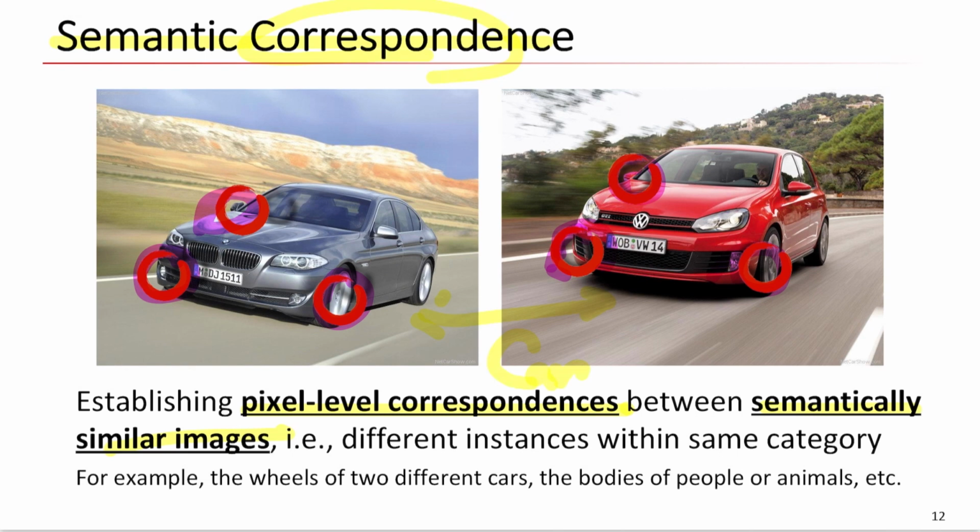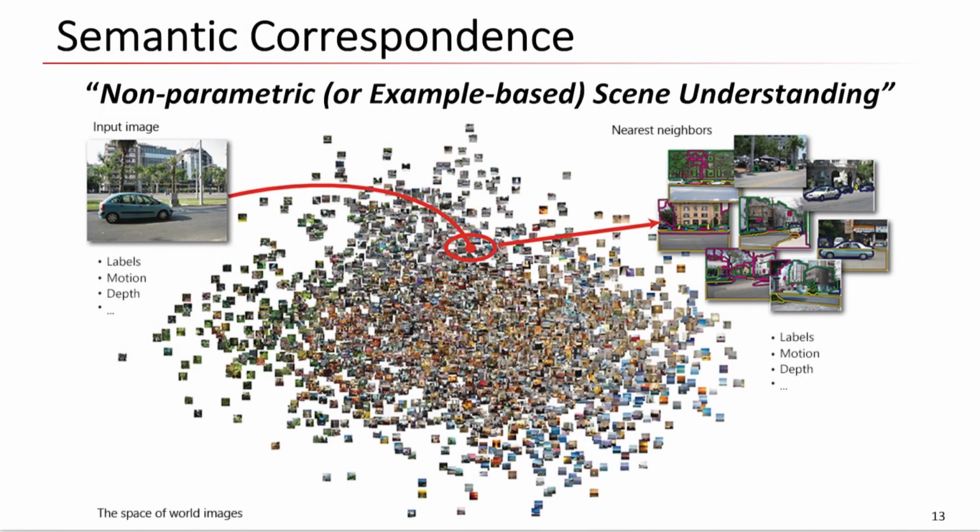In other words, if we can find the correspondence field between two images that have different data from different instances within the same category, then we can solve many applications in the computer vision field. For example, non-parametric or example-based scene understanding. What does it mean? Let's see. This is an image from Google or Flickr or Facebook, something like that.